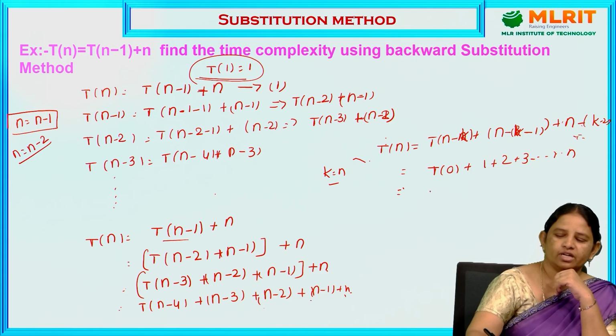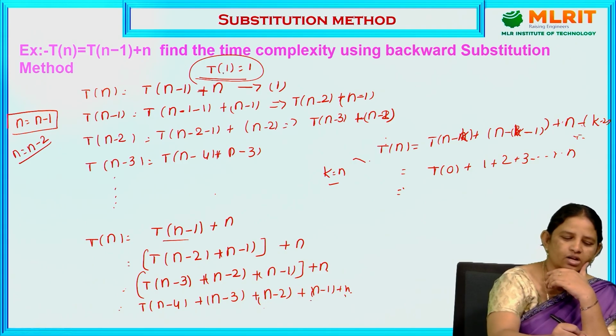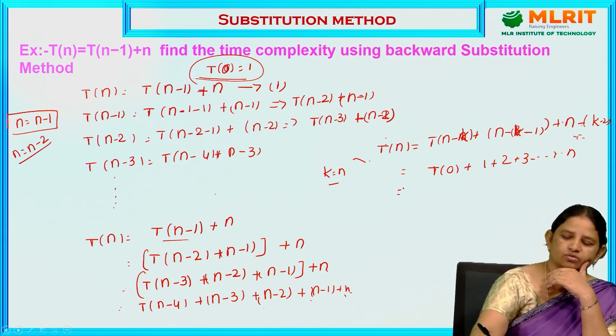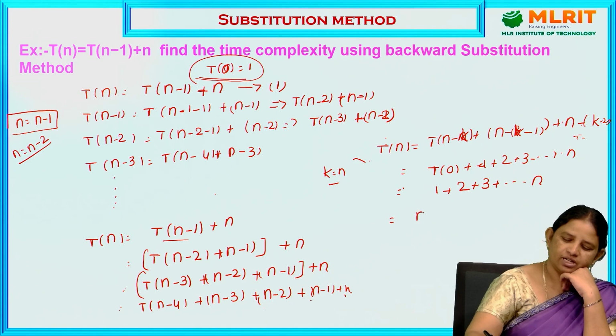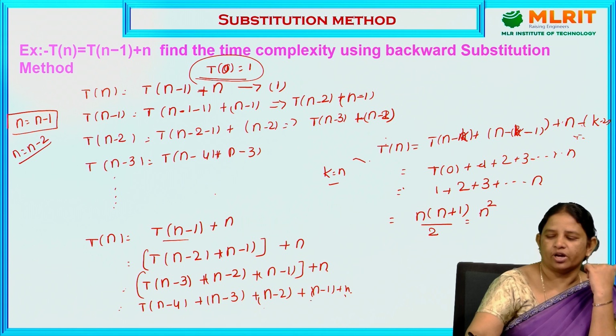T of 0 value is 1. We'll get t of 0 is 1 plus 2 plus 3 and so on up to n. That is n into n plus 1 divided by 2, which gives n square by 2 plus n by 2.